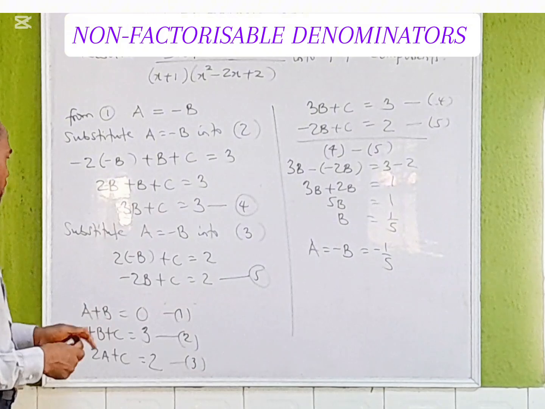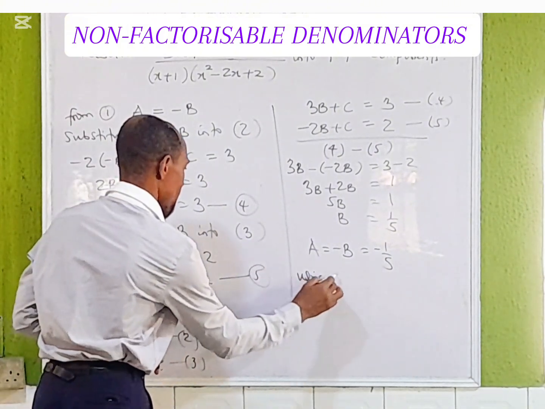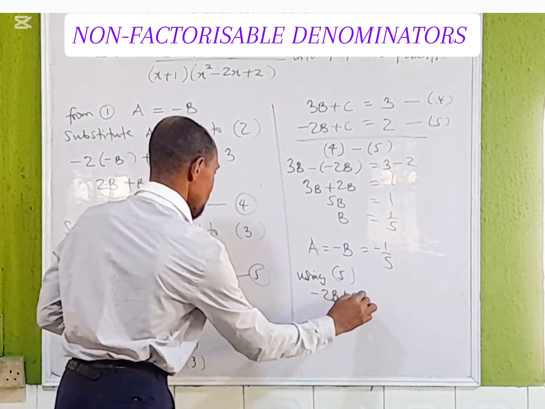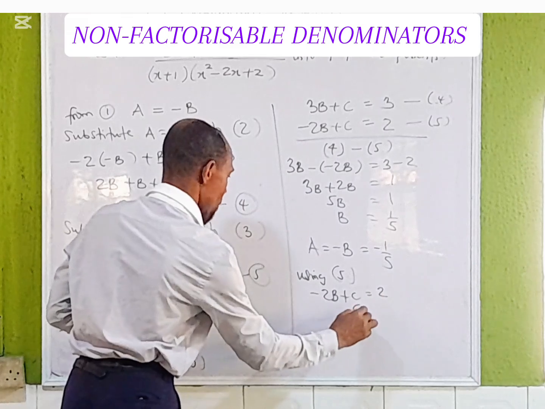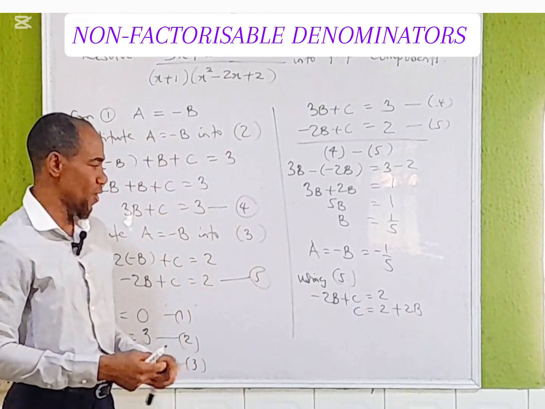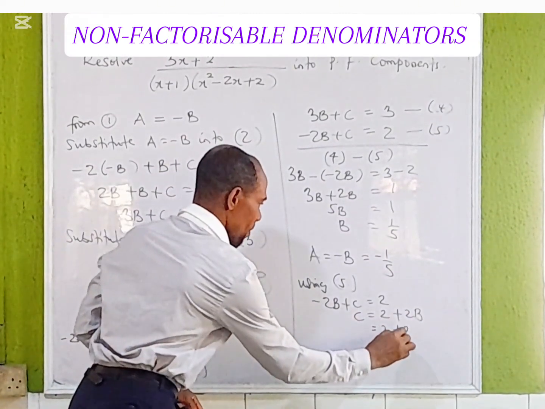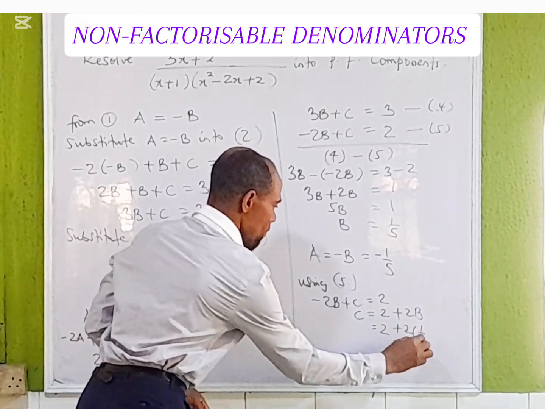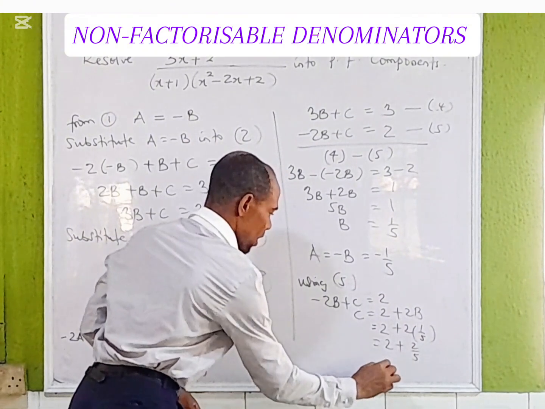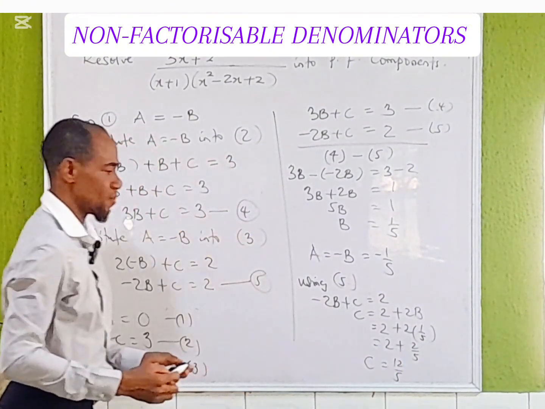So let's pick, for example, equation 5, which says that minus 2b plus c equals 2. Our c becomes 2 plus 2b, when we make c the subject. And luckily, we've gotten our b, which happens to be 1 over 5. So we have 2 plus 2 over 5, and that will be 12 over 5 as our c.